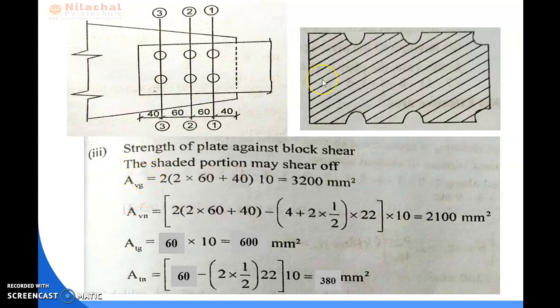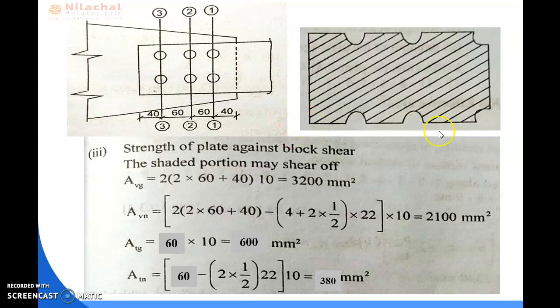Here you see in the horizontal line, that means along the V line, the block shear portion of the plate section is on both sides. That means along this portion and along this portion. So we have to multiply 2 with the horizontal portion of the block shear.